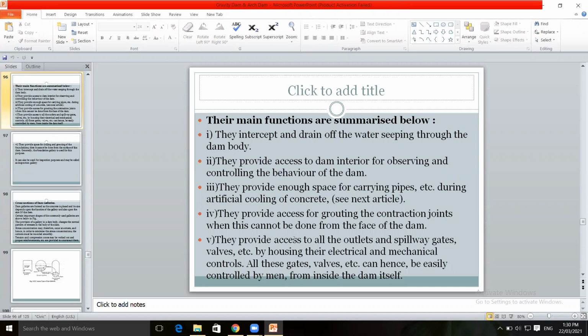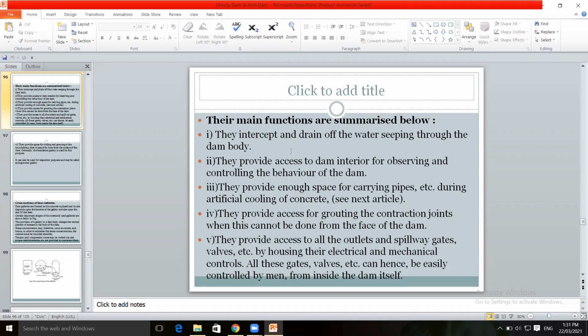Fifth, they provide access to all the outlets and spillway gates, valves, etc. It provides access to all the outlets provided in the dam section.